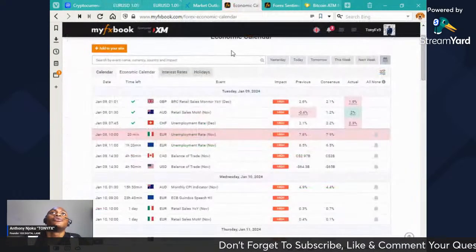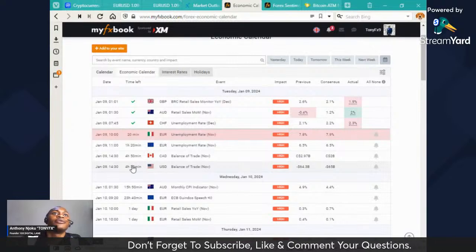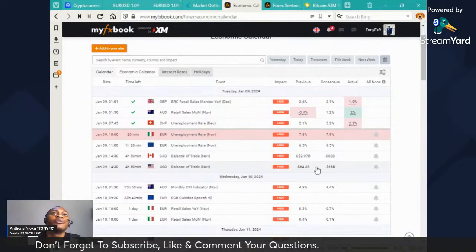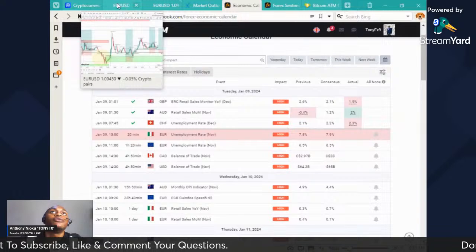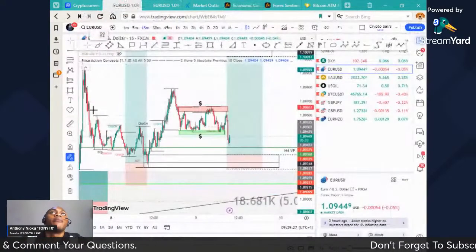Any news during New York session today? Balance of trade by 2:30. That's the trade we have by 2:30 New York session. Balance of trade.